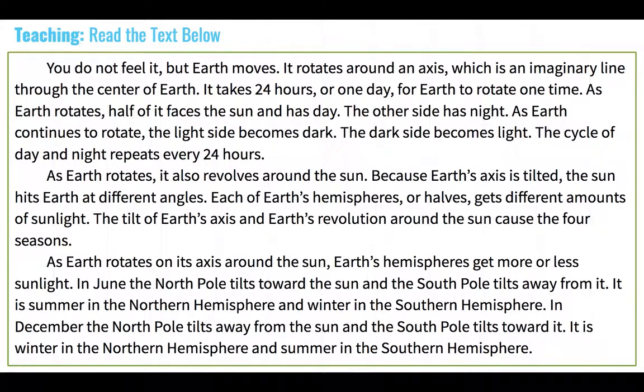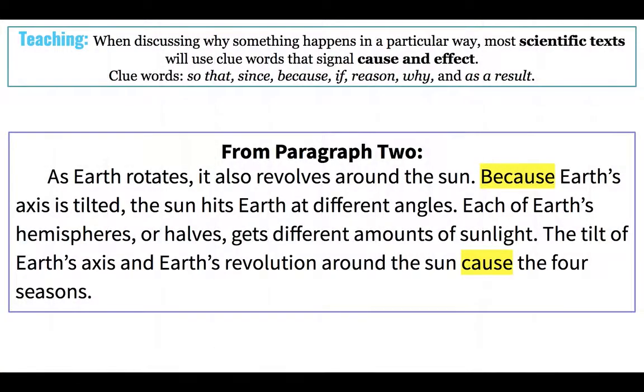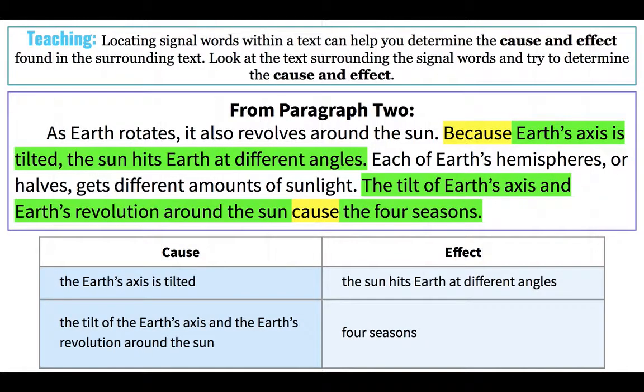I'm definitely noticing some cause and effect relationships in this scientific text. And I know this because I noticed clue words that indicate cause and effect relationships. Clue words such as because and cause in paragraph 2. I also noticed that when I look around those clue words, I can determine the cause and effect relationship.